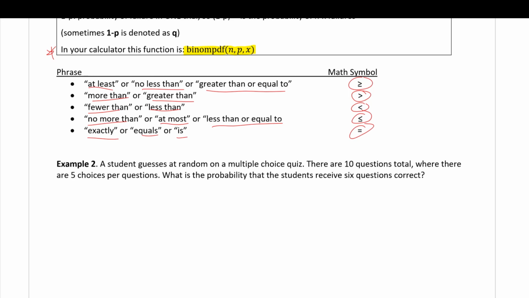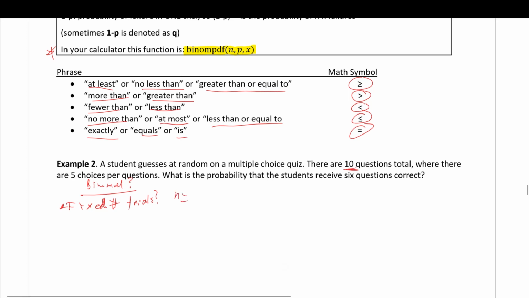Okay. Now, first of all, we have to ask ourselves, is this a binomial problem? Do we have a fixed number of trials? Okay. Well, this person, the student, is basically making 10 decisions, if you think about it, right?